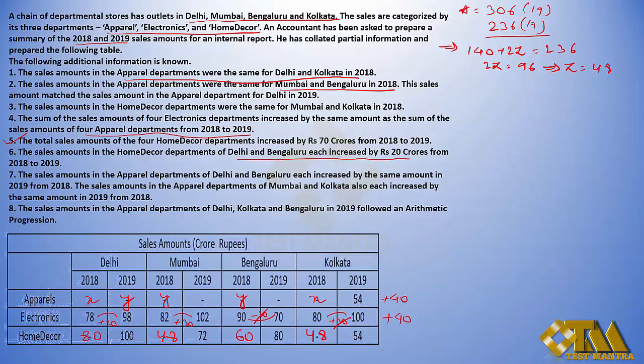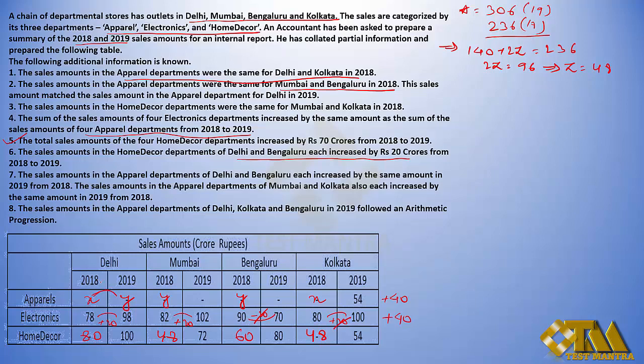So till this point the informations are easy, we can directly work on this. Let's see the other informations here. The sale amount of apparel department in Delhi and Bangalore each increased by the same amount in 2019 from 2018. So Delhi and Bangalore. So Delhi, it is increased by how much?